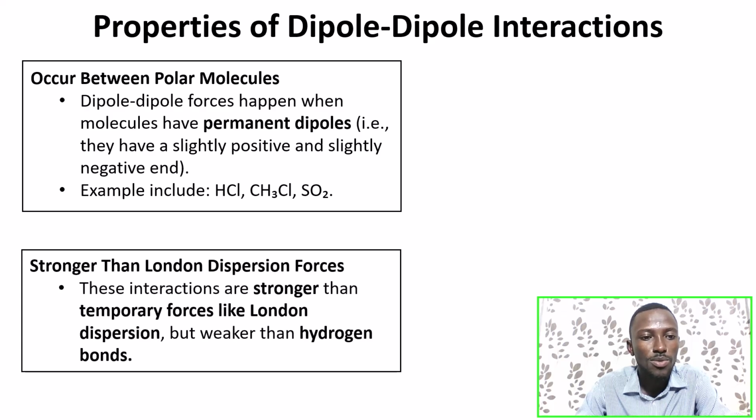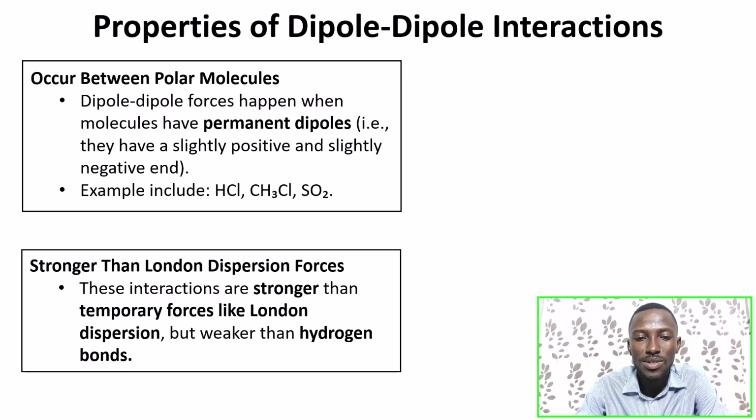What other property do we have? They are also stronger than London dispersion forces. Good. In our next lesson, just after this, we'll be explaining what London dispersion forces are, and you get to know why they are weaker than dipole-dipole interactions. But interestingly, dipole-dipole interactions are weaker than hydrogen bonds.